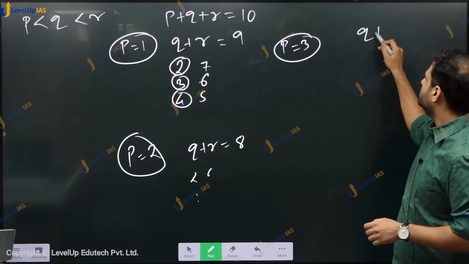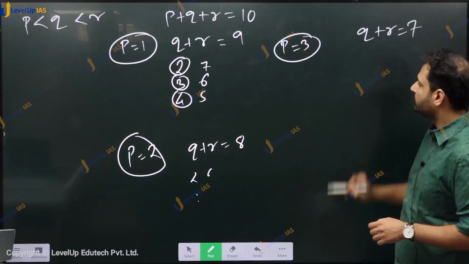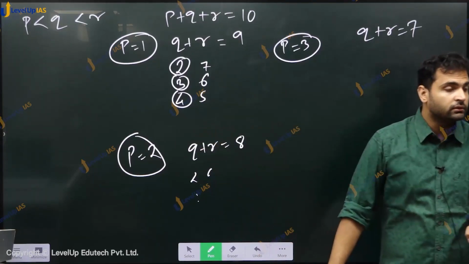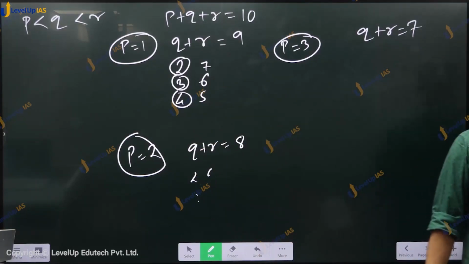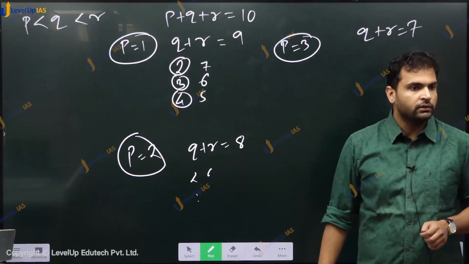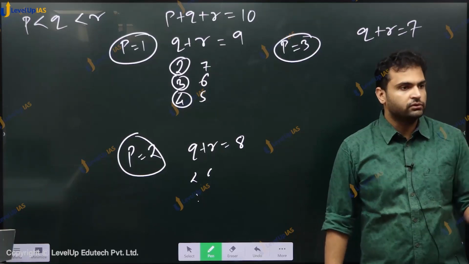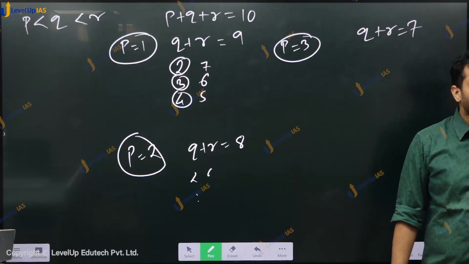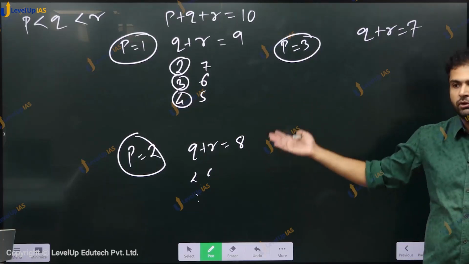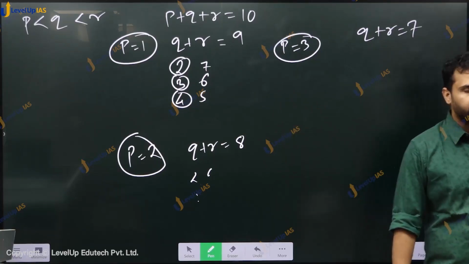Then Q plus R is 7. Again, 2, 3, 4 is something. We have to comment on how many values of P and Q are possible. So possibilities we have to check, how many are possible. Okay?